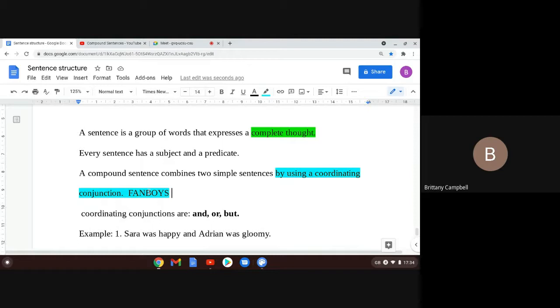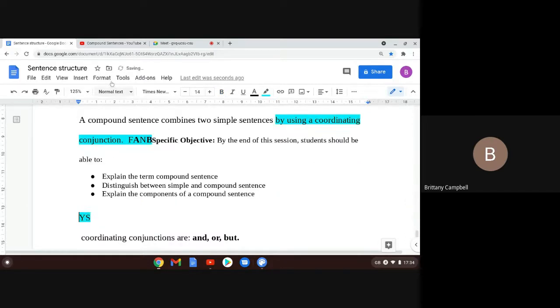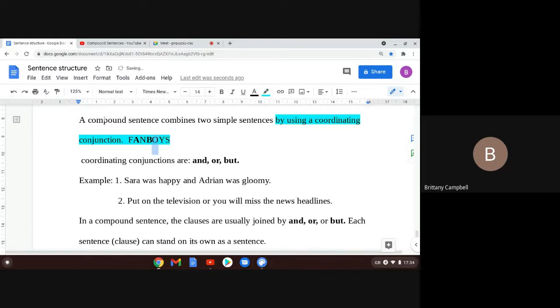So most times when you think about a compound sentence, you're able to use the but, and, or. All right, so let us look at an example.